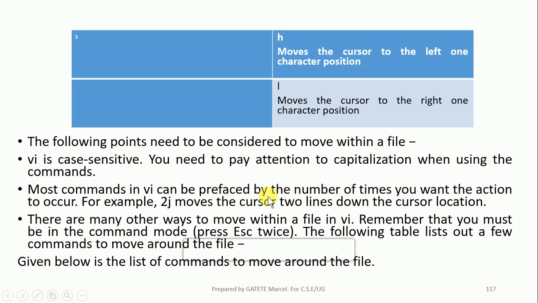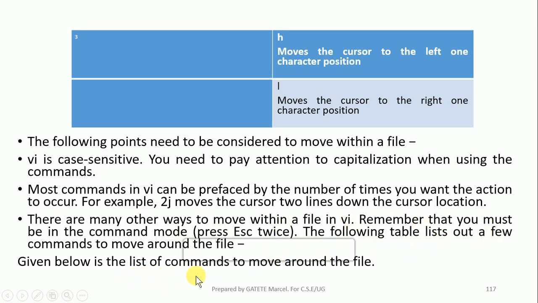If we want the action to occur twice, you place 2G. There are many ways you can move within VI, but always remember that you have to be in command mode.